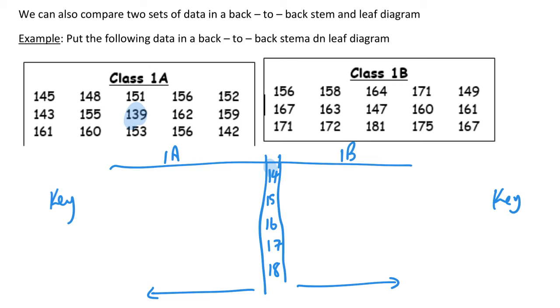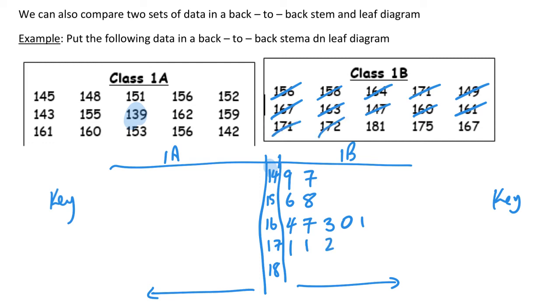So the first one is 156. It's going to go there. Then 158, 164, 171, 149, 167, 163, 147, 160, 161, 171, 172, 181, 175, and 167.